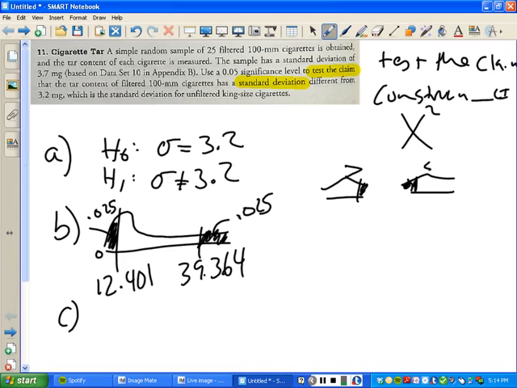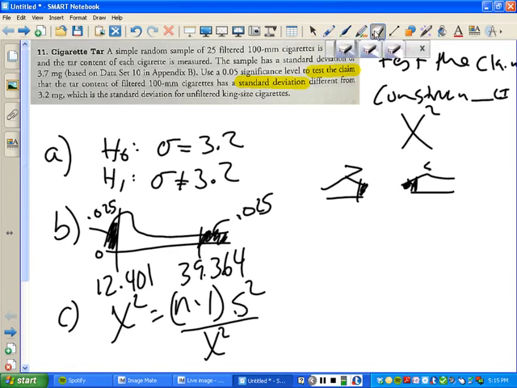All right. Part C. You guys know the formula? Chi-square equals n minus 1 s squared over chi-square. No, sorry. It's n minus 1 times s squared over sigma squared.